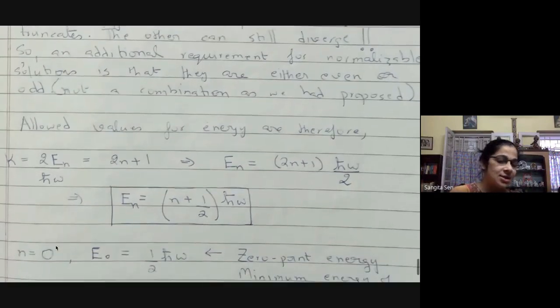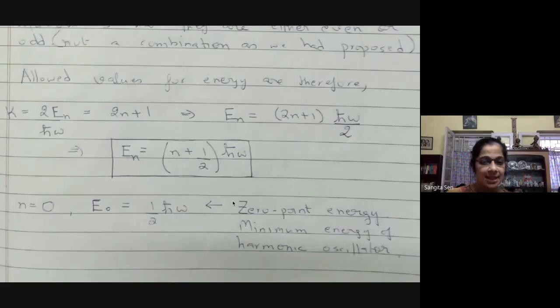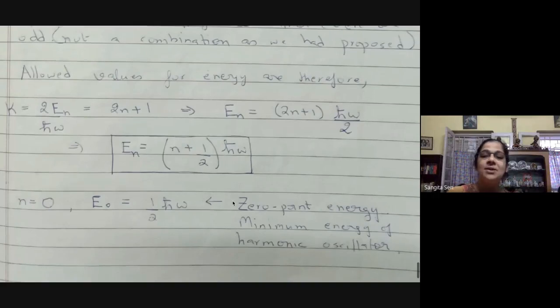And let's get back to then the allowed energies. So the values of K that we want are 2n plus 1. So the allowed energies are then En equals 2n plus 1 times h cross omega by 2, or just divide by 2 and you have En equal to n plus half h cross omega. So this is a very simple energy expression for the various states of my harmonic oscillator.